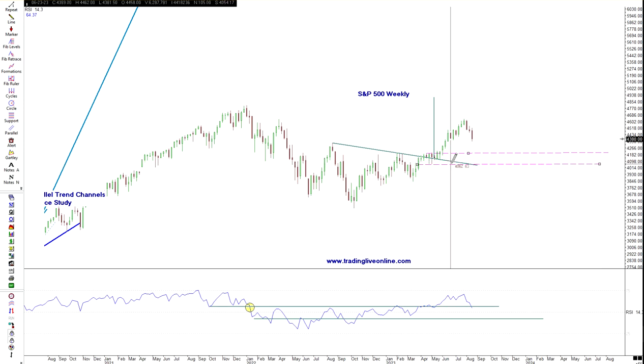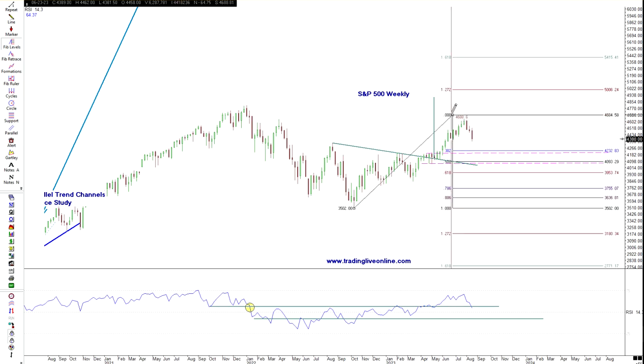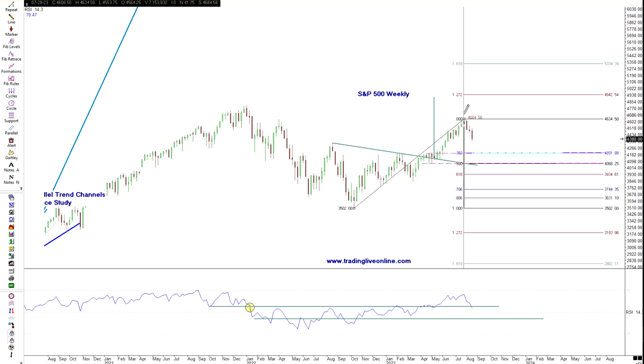So let's frame in a bit of a range here. Now, if we put on a fib retracement, I'll use this low to high. We can see that both of these levels are coinciding with Fibonacci retracement levels.